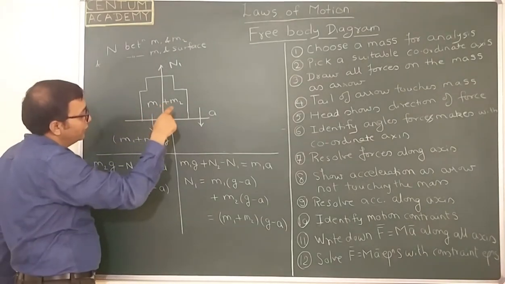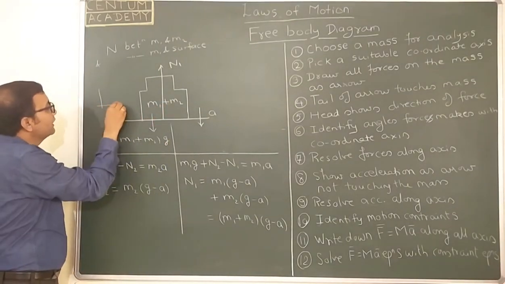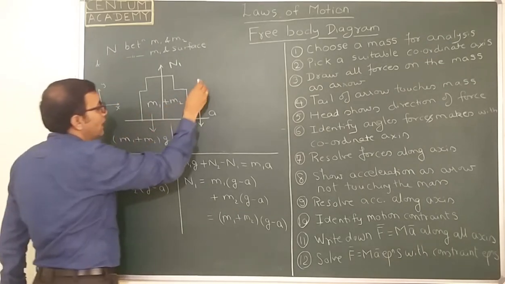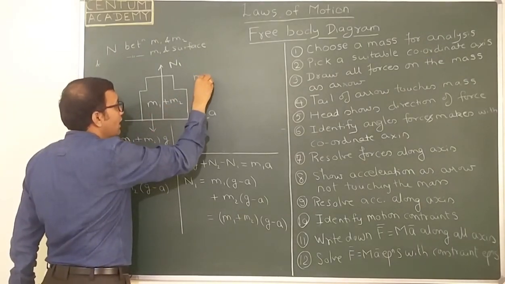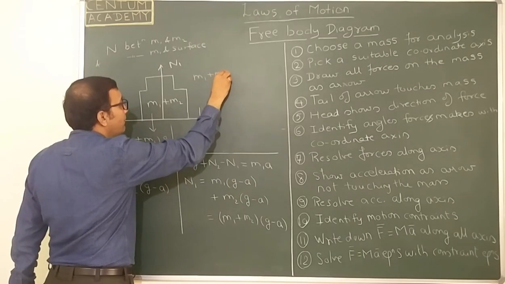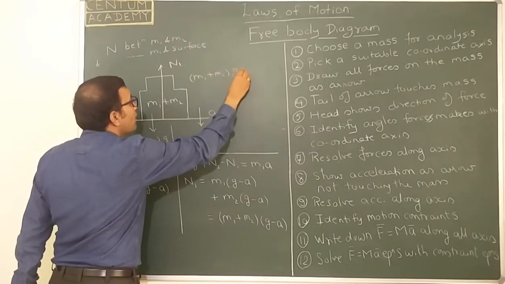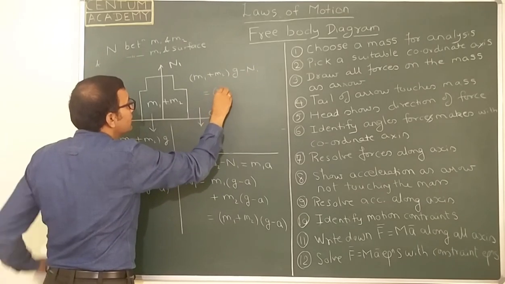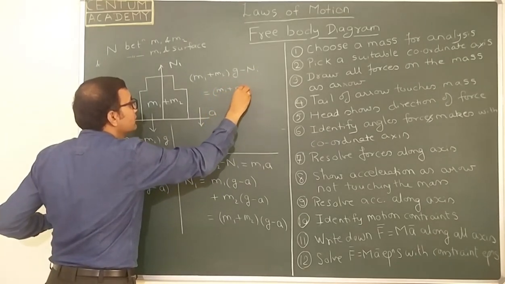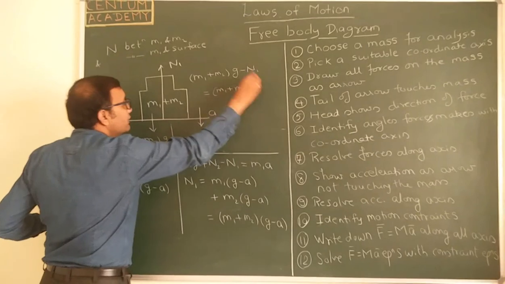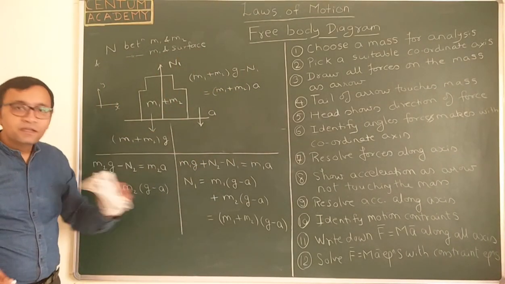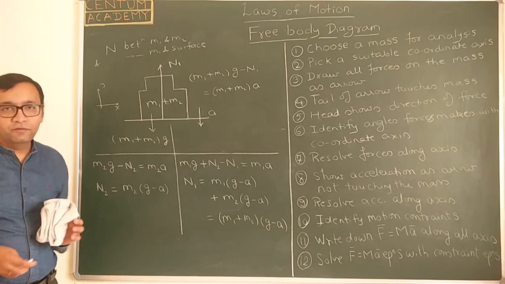So when I write down Newton's second law along the y-axis, I'll get (m1 plus m2)g minus n1 is equal to total mass into acceleration, right? So when I simplify, I'll get the same answer for force n1.